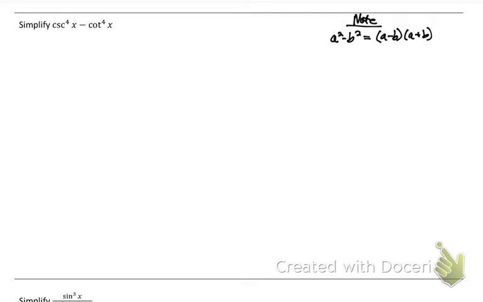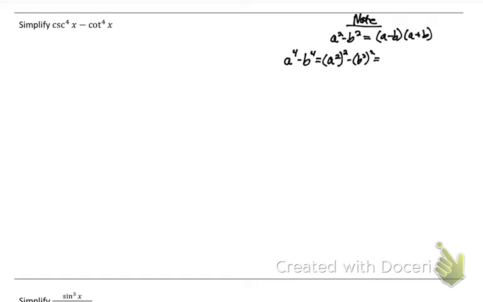If you didn't hear what Mercer said, here's basically what we're going to do. If I ever have a to the 4th minus b to the 4th, I can think of this as being a squared squared. Because when you raise a power to a power, you multiply. It'd be 2 times 2, which would give me 4. Minus, well, it'd be b squared squared.